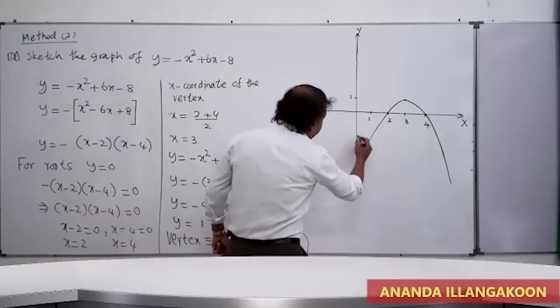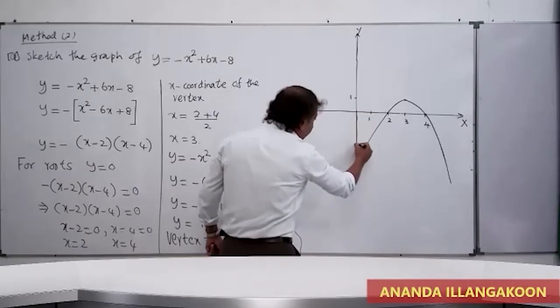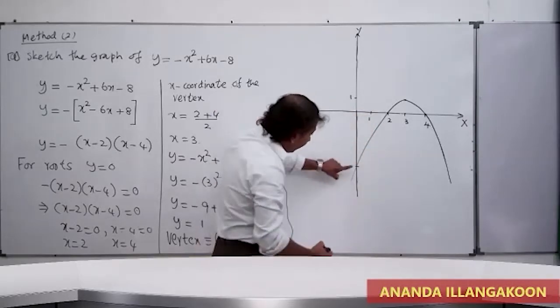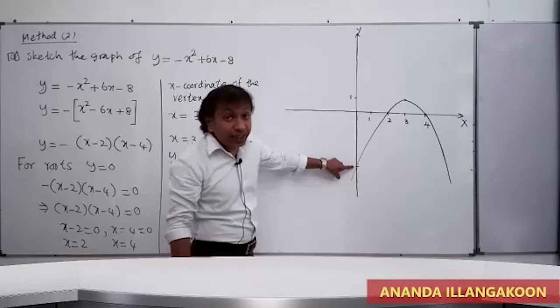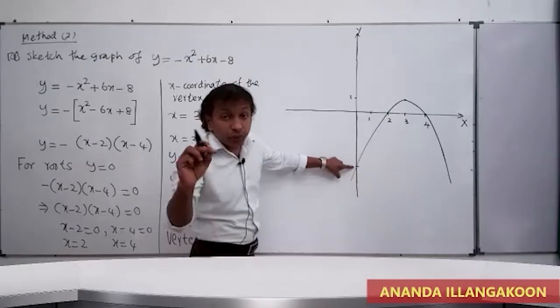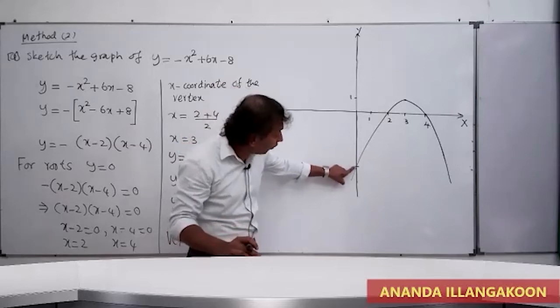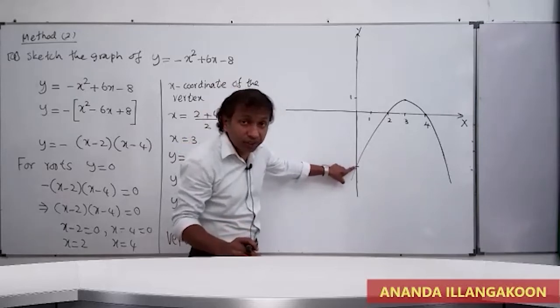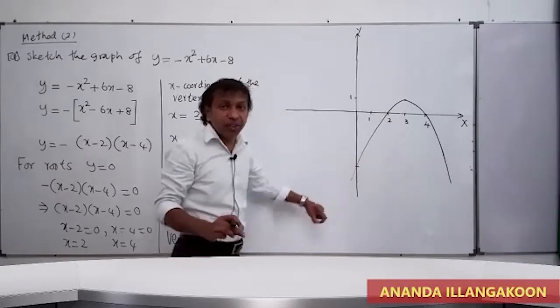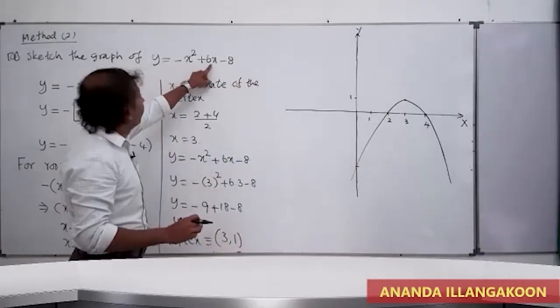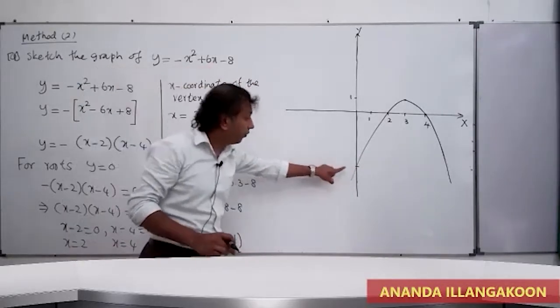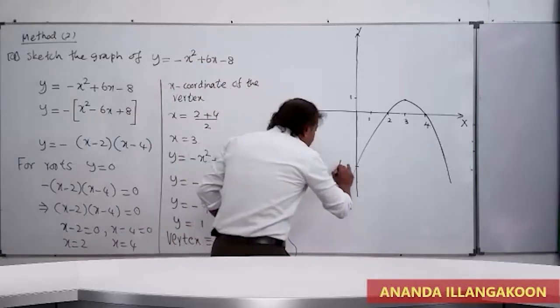If you need to find this coordinate, this point is on the y-axis, no? Any point on the y-axis has x coordinate 0. Therefore, if we need to find the y coordinate of this point, we have to substitute x equals 0 here, and thereby you can find this point. Okay, we'll write that also.